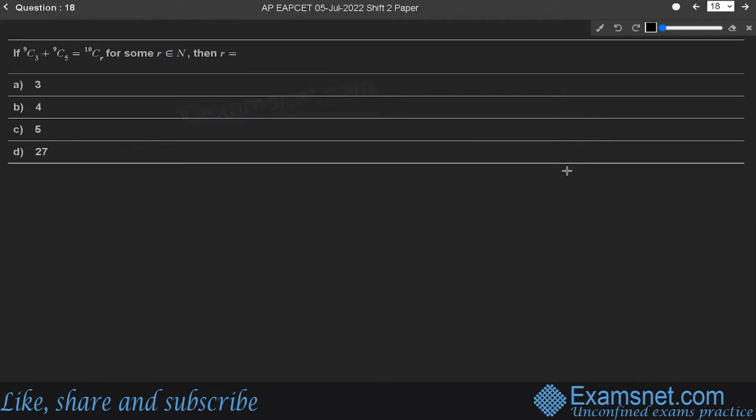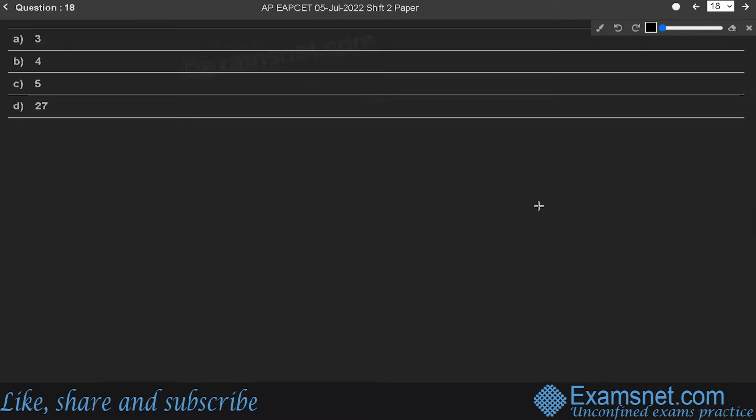Next question is, if 9C3 plus 9C5 is equal to 10CR for some R belongs to N, then R is equal to. See, it is a similar question to the one that we have solved previously.